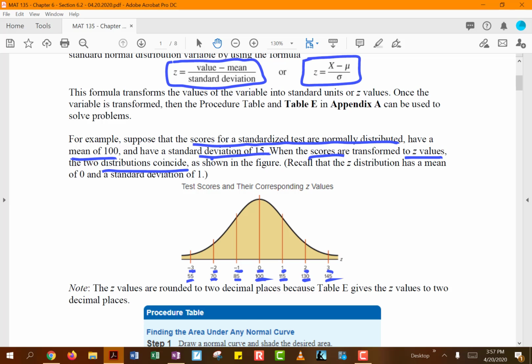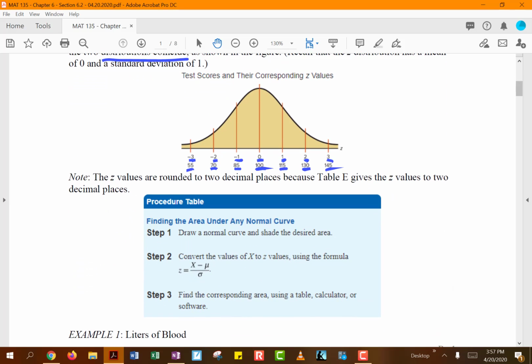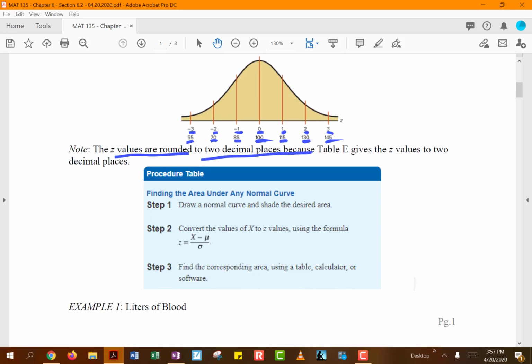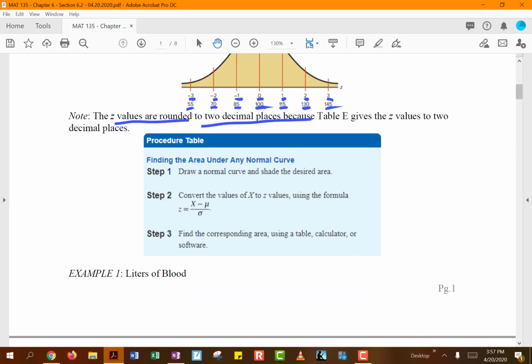Whenever you are going through these calculations, the one thing you want to remember is to always round your z values to 2 decimal places, and the main reason for that is because in the table, they are using z values rounded to 2 decimal places. So what's the procedure for this? Of course, we want to start by drawing our normal curve and then shade the area for which they are asking us to find the probability.